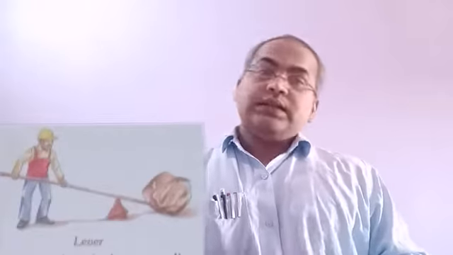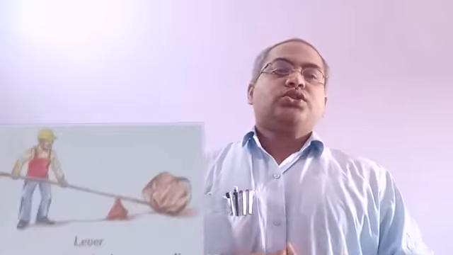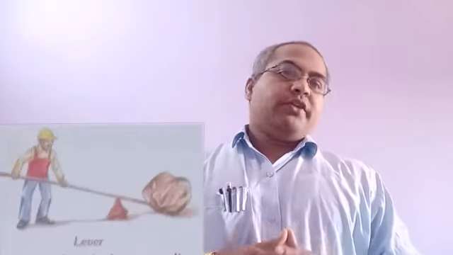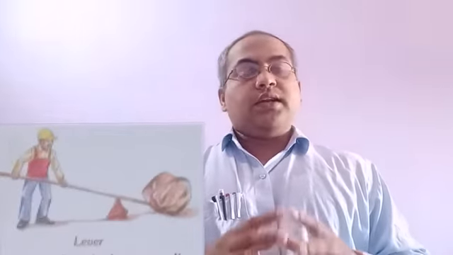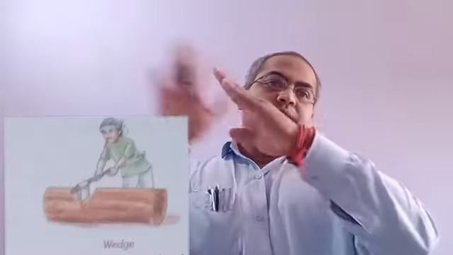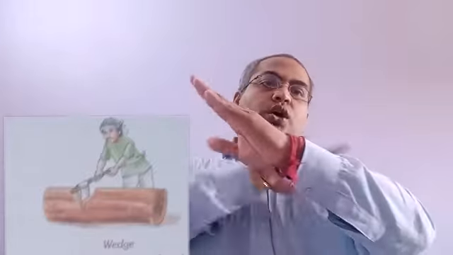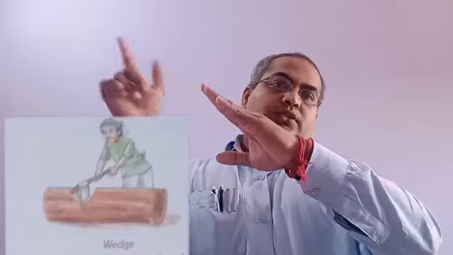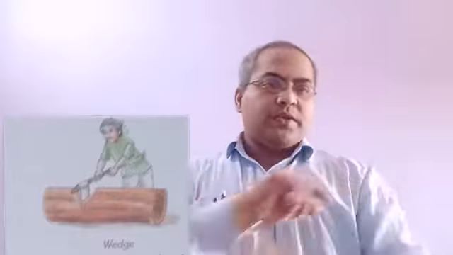Now comes the third type of machine, that is called the wedge. In the previous lectures we had discussed the inclined plane. This slope is called an inclined plane, which is used to move something to a higher place or move something from a higher to a lower place.